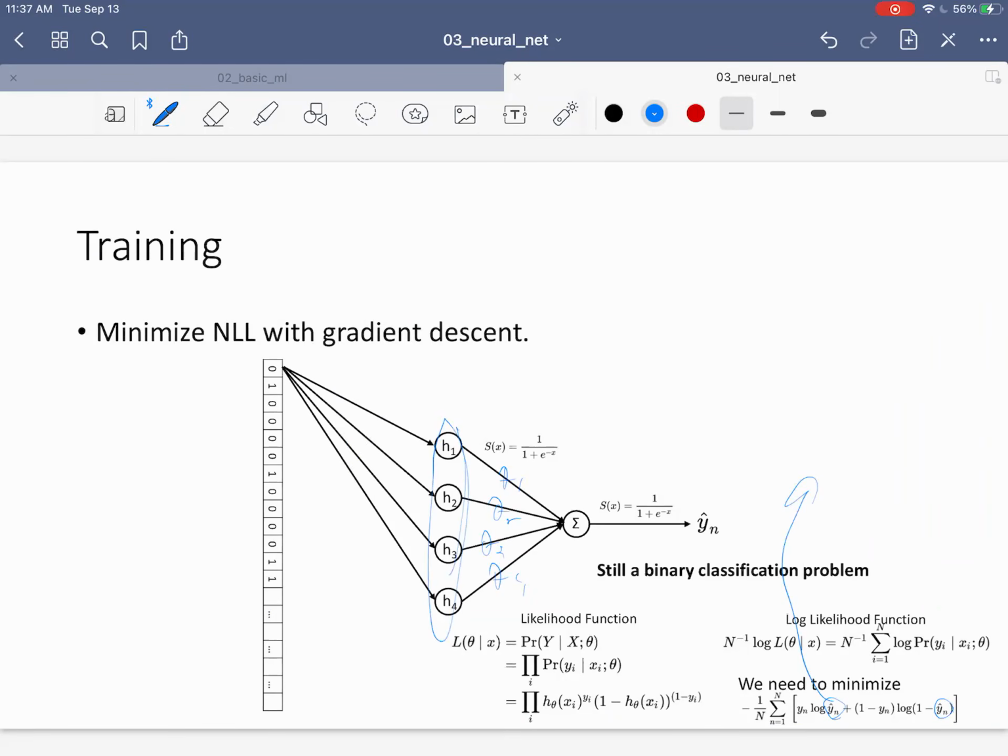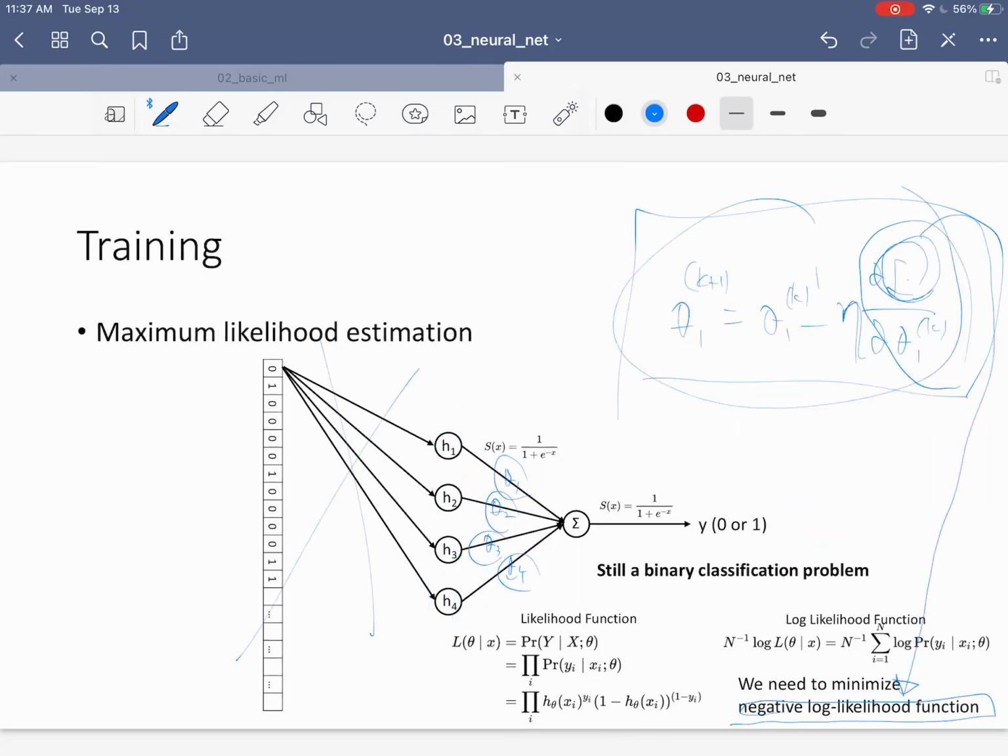Let's just call them A1 here, A2 here, A3 here, A4 here. So simply it's theta transpose A, which is y hat. So y hat is determined by theta 1, theta 2, theta 3, theta 4, right? So you can differentiate the loss function with respect to theta, get some value, and then do this update, right?